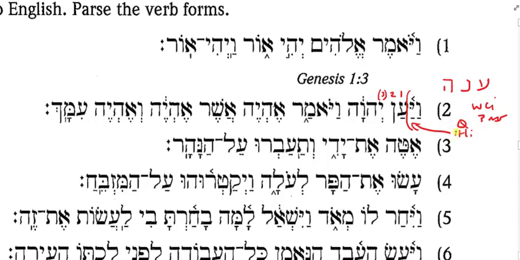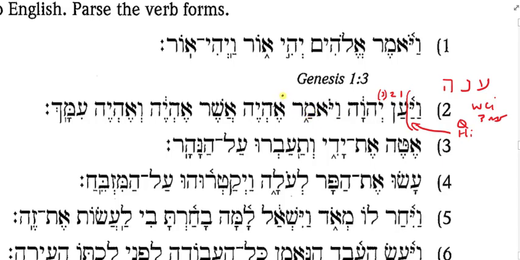And at this point, what you have to do is go to the form ana in your vocab list and ask, does ana occur in the hifil or does it occur in the cal? Well, if you look on page 272, ana occurs in the cal with the meaning to answer. And there's no hifil meaning here. So it's he answered, all right? And Yahweh is the subject. Yahweh answered, Vayomar, and he said.